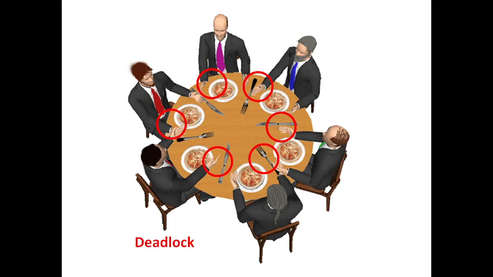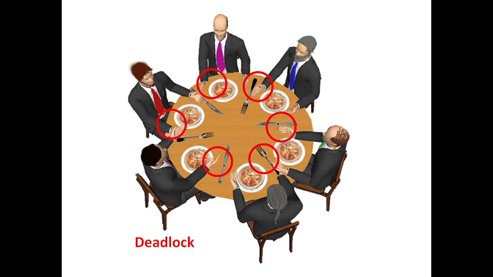A deadlock may happen in the dining philosophers problem if every philosopher gets one fork but not the other, and starts to wait for the next person to give up the fork he has got, and they will be waiting forever without making use of the food available.